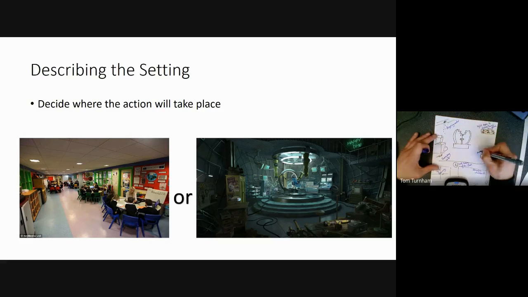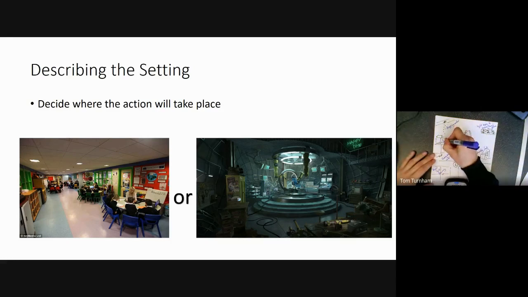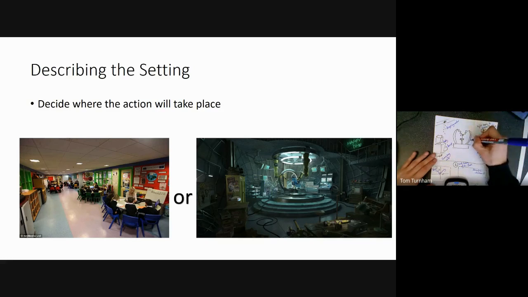Got moldy food, and that's a very particular smell, isn't it? It's going to be dusty. It's going to be damp. There's going to be the crackle of electricity and the hum of, oh, what's humming? I'm going to have the hum of a large computer.